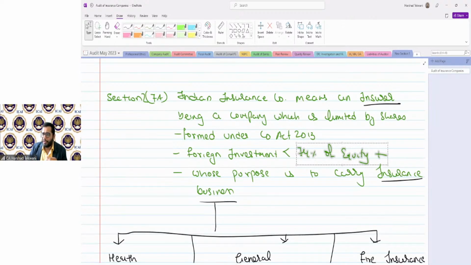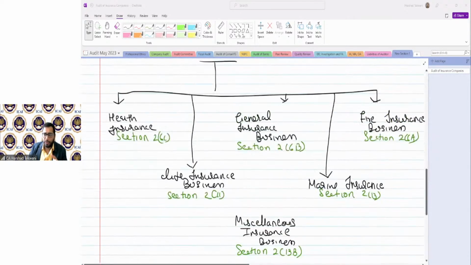Now the definition of general insurance. If you see the definition, 26B talks about fire, marine and miscellaneous insurance business, whether carried on singly or in combination. So general includes fire, marine and miscellaneous. All these three are covered in general insurance business.